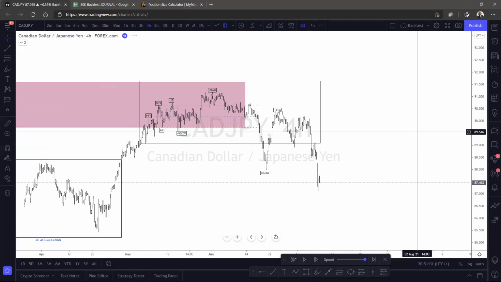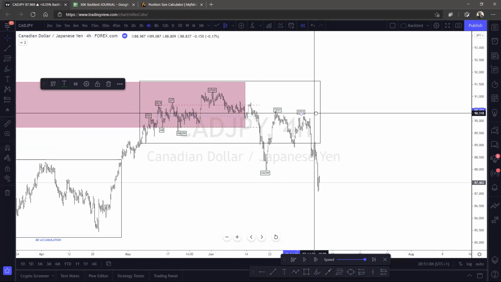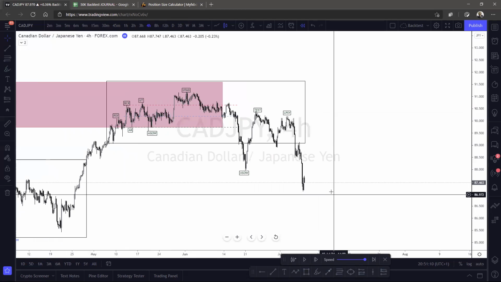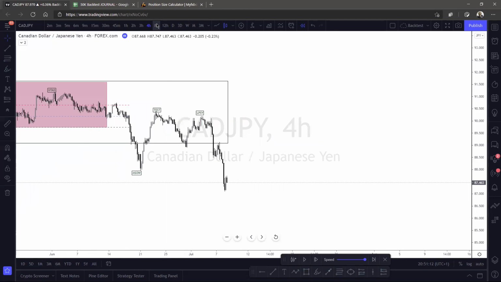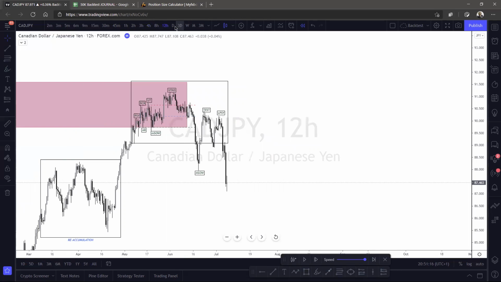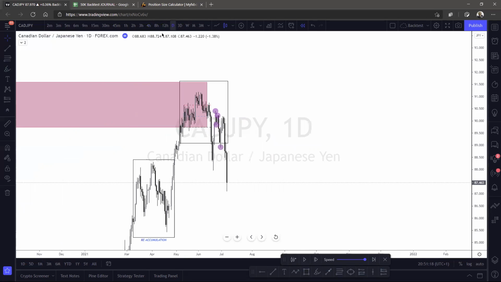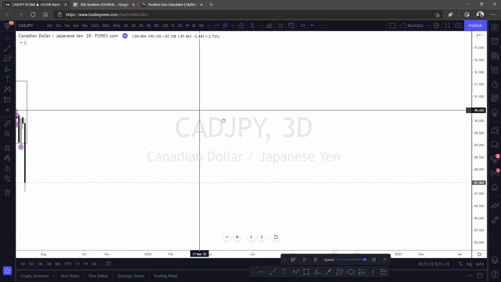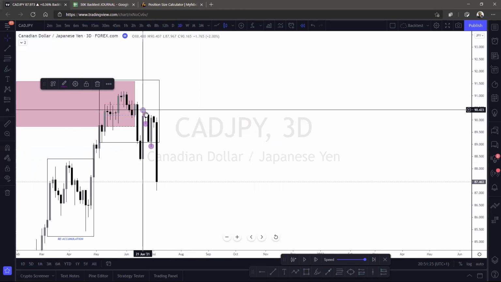Okay, now this becomes our lowest point of supply. And this is where we'll try to look for another entry. Okay, it's got a daily in there, so 3 day. Nice, it's got a nice 3 day in there as well. Delete this.